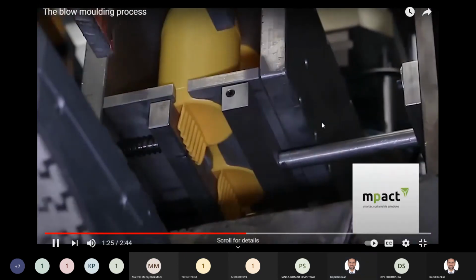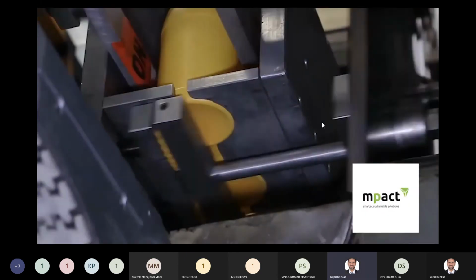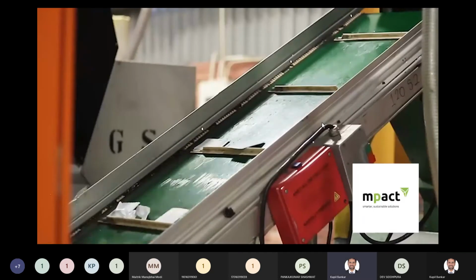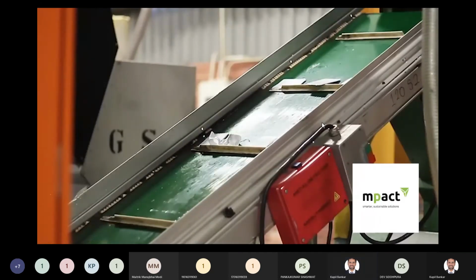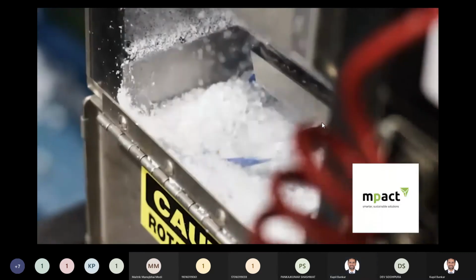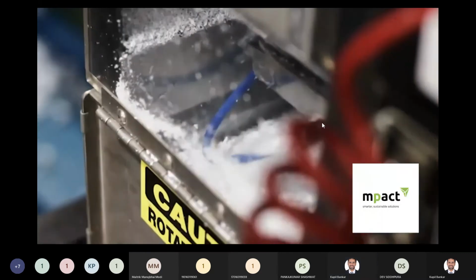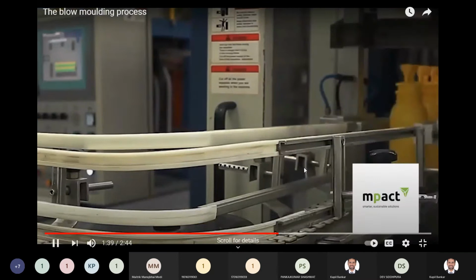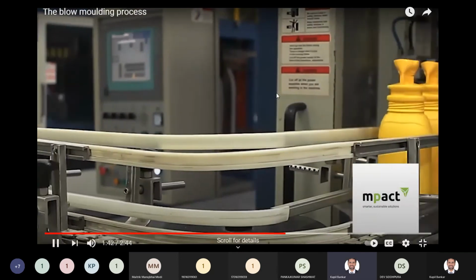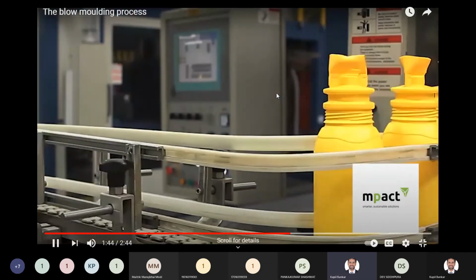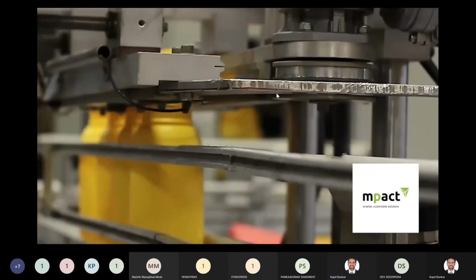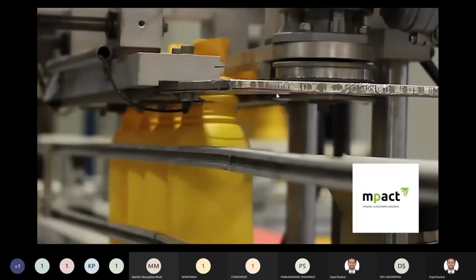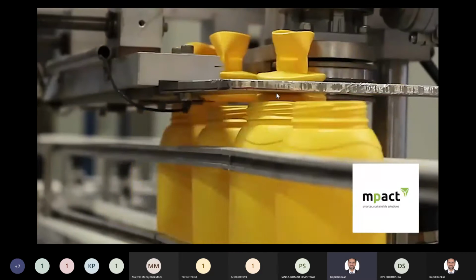From the bottom side it is closed, and the extra extruded part will be removed automatically. So this type of bottle is made with the help of this blow molding process.